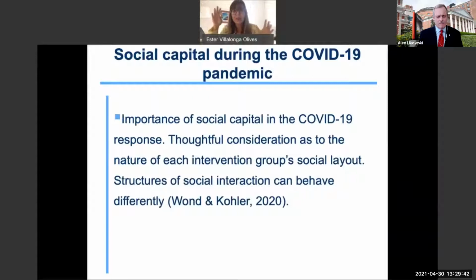And we have planned many interventions during the COVID-19 pandemic in the public health field. And when we think about a public health intervention, it's very, very important to think about the structures of social interaction because they can behave differently.